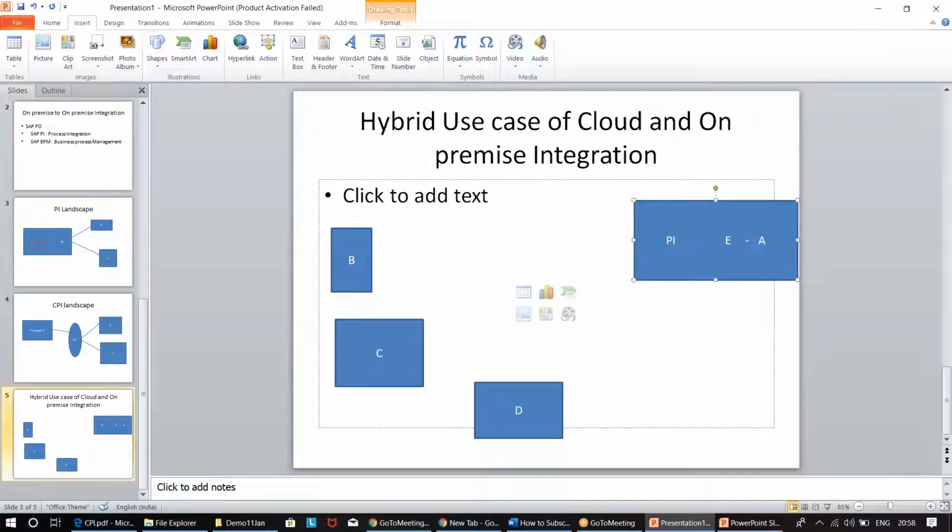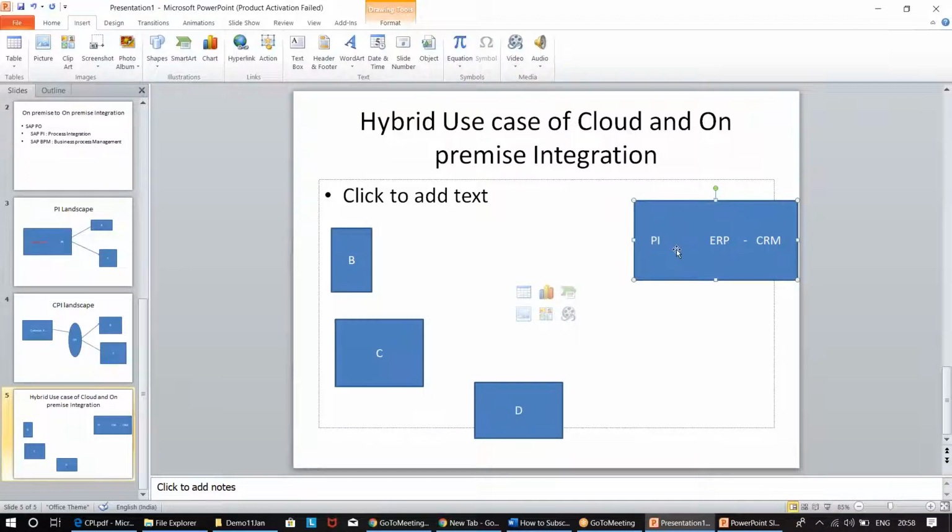Just think of a case on your customer landscape. This is a customer landscape, and E and A are different applications which used to communicate. Let me give you something more realistic. Let's say this is a CRM and this is an ERP. Previously, all customer landscapes had their own applications installed, your ERP, CRM, and they communicated with the help of your process integration, your middleware part.